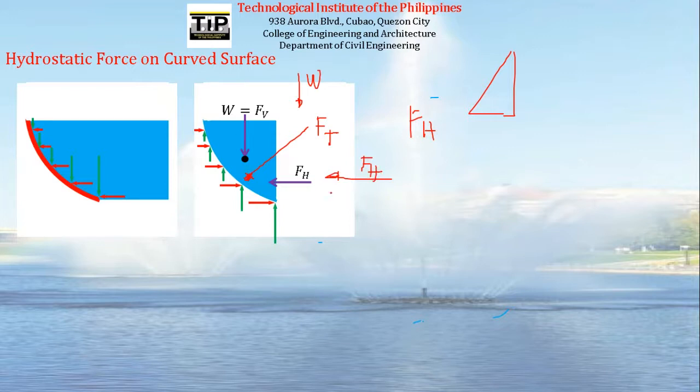Because we have two components: the weight, or F sub B, is the force along the vertical, and the force along horizontal, or F sub H.